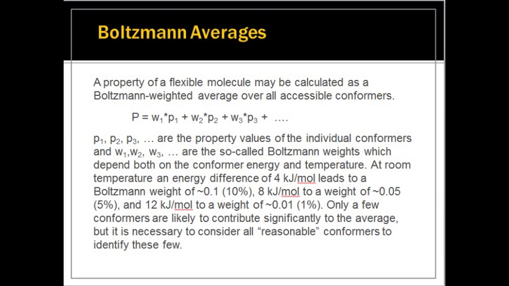Anything else is irrelevant. That seems like it's going to make your life easy, but the problem is, in order to find those few good structures, you really have to look everywhere. And so the problem of treating a flexible molecule is really having to examine everything that's reasonable and then to narrow that down to the things that are important. Okay, it's a difficult problem, actually.